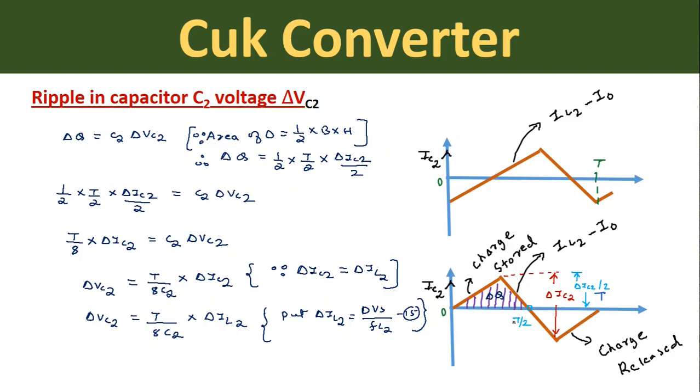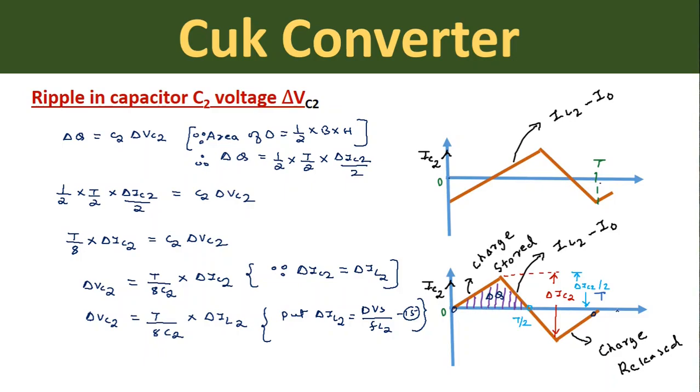If we find the area of this triangle, then we can find the total charge stored. We will apply the area of triangle, which is half into base into height. So del Q will be equal to half into base, and the base will be T by 2, because the total time period from here to here is capital T. In this diagram it will be 0 to T, so we are drawing this waveform like this.